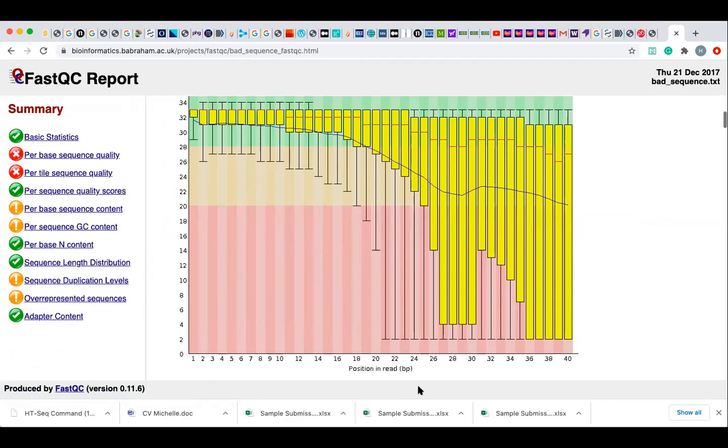The length of your sequence is 40 bases, but starting from position, let's say position 18, 19, all the way to the end of your sequence, the end of your fragment, you have quality scores which are below 20, which is not acceptable. Okay, so if you want to continue analyzing using this data, you will need to do some trimming of the ends of your fragments.